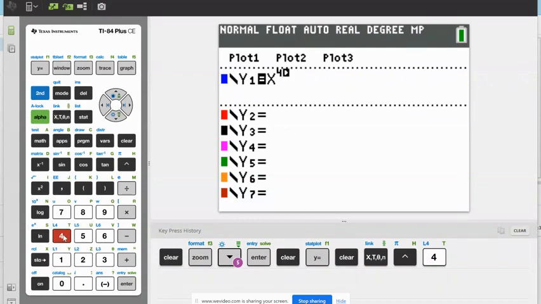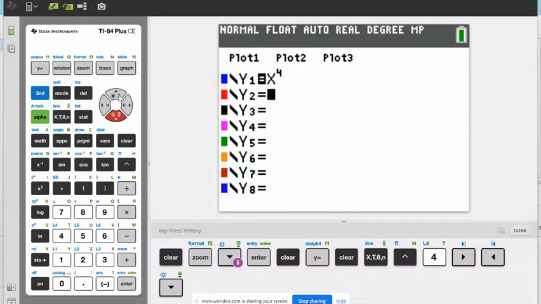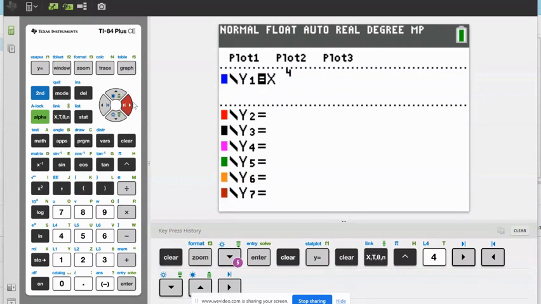Now, to get out of that exponent, you have to go to your side arrow to get out of it. So press your little side cursor to get out of the exponent. Down goes to the next line.